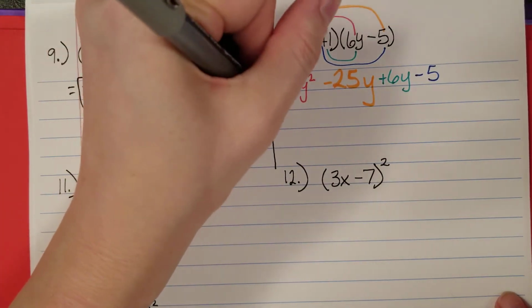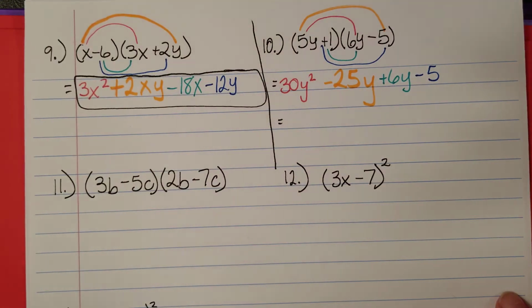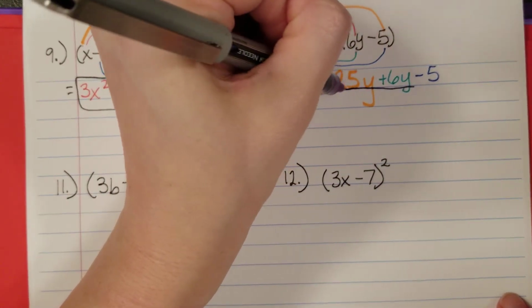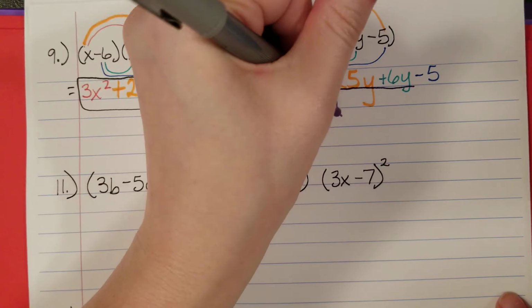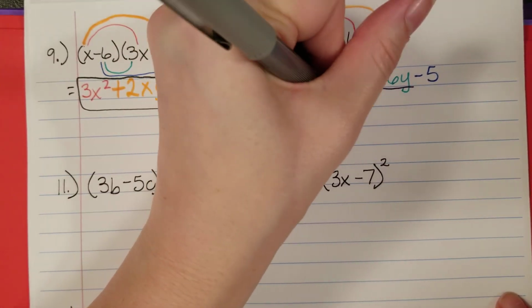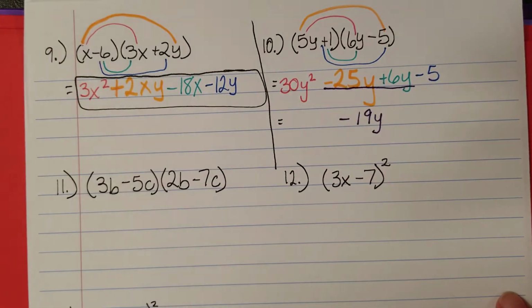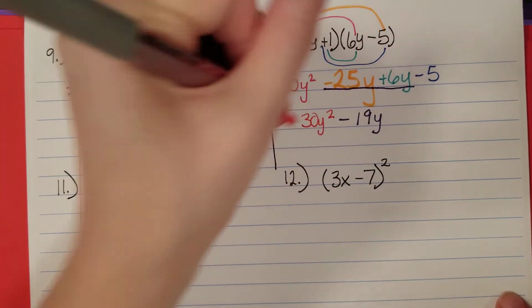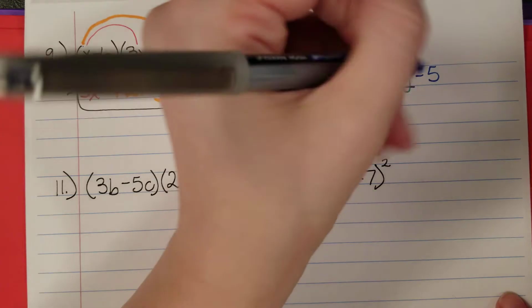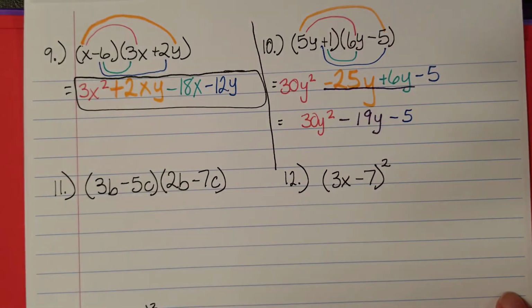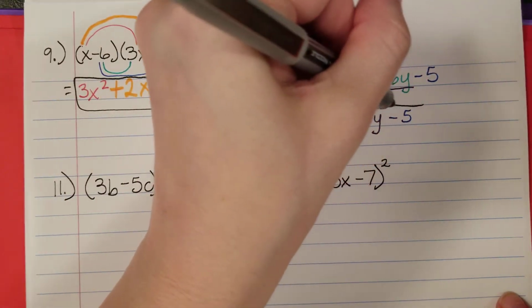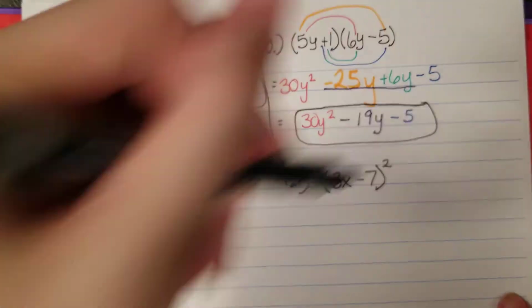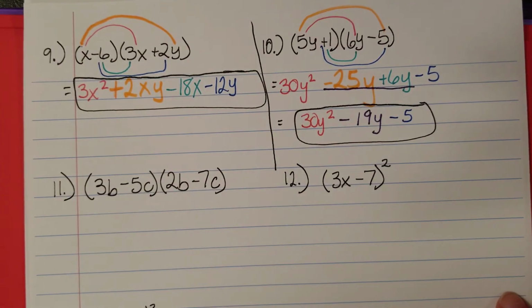So combine the like terms. Negative 25y plus 6y would equal negative 19y. And bring down 30y squared and bring down minus 5. And there we have our final answer.